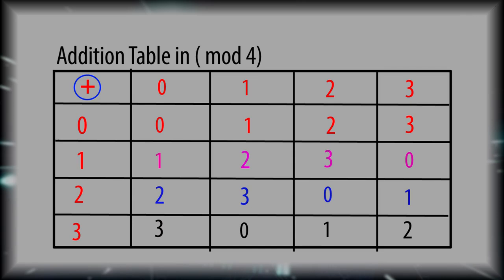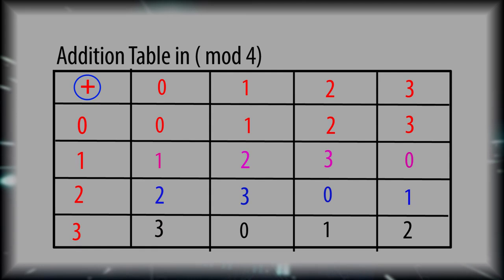And so, for instance, 1 plus 0 mod 4 is 1. We pick the 1 from the top row and look for 0 below the addition sign. Where the column under 1 and the row under 0 meet is where we will put our answer, which is 1. Another example, we want to find 3 plus 2 mod 4.